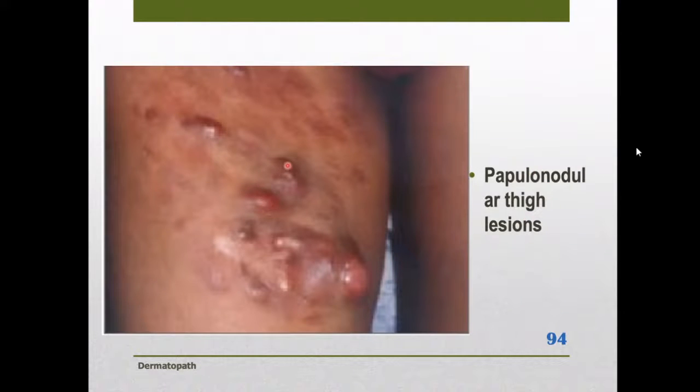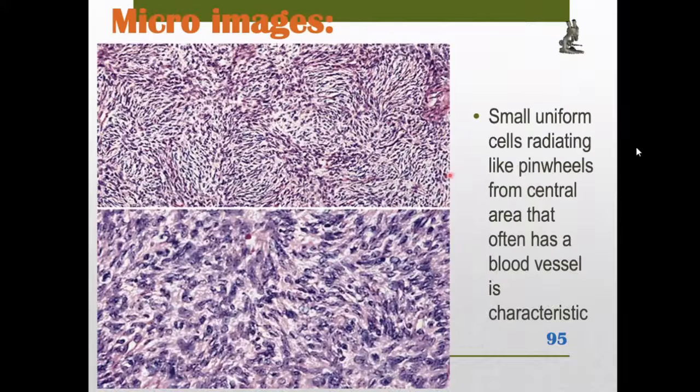The papules are smaller than nodules. On histology we see what we call a storiform pattern or pinwheel pattern, where the disposition of the cells is like a wheel.